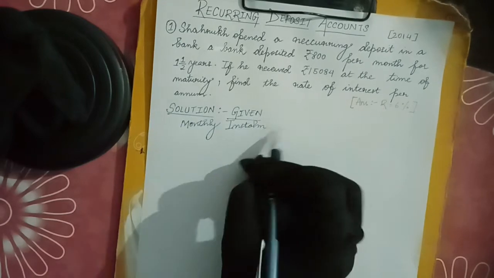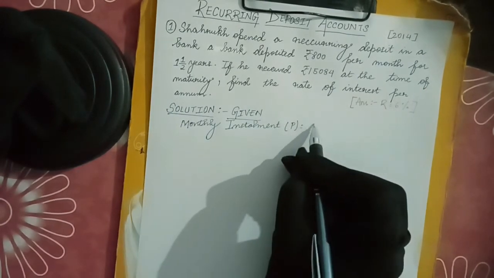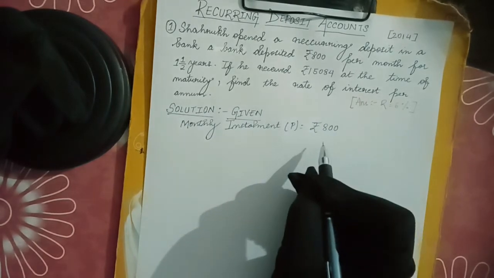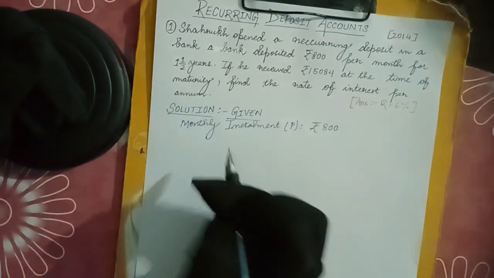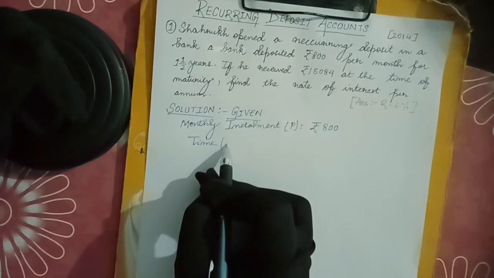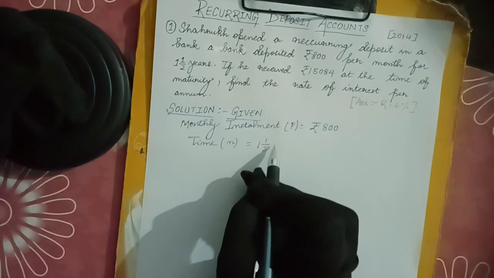In monthly installment, we denote it by letter P, and that is equal to rupees 800. Then, since it is given for 1.5 years, the time, which we denote as N, is 1.5 years.